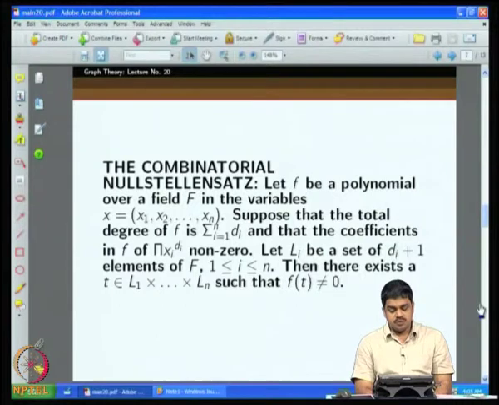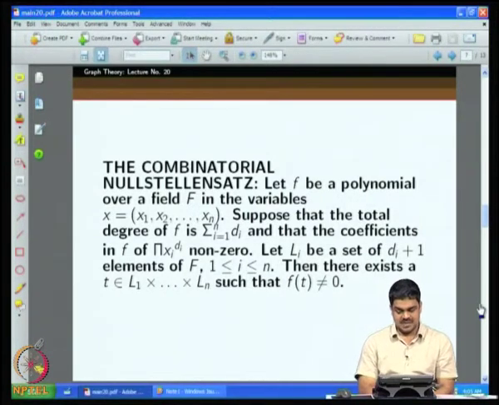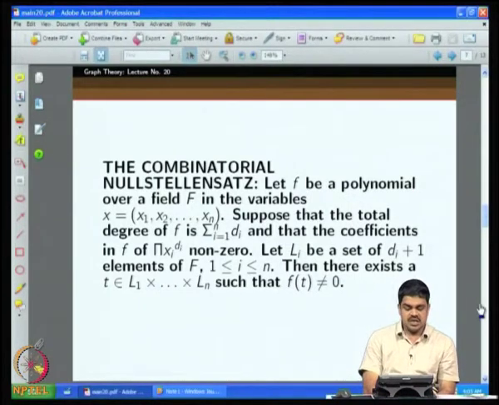So, then what we are going to do is, we have to pick a list Li for each variable. For xi we will have a list Li, so that we want to pick a value from this list for xi, and the cardinality of Li will be di plus 1, that is the relevance of di. So, that is the way we are associating di to xi.